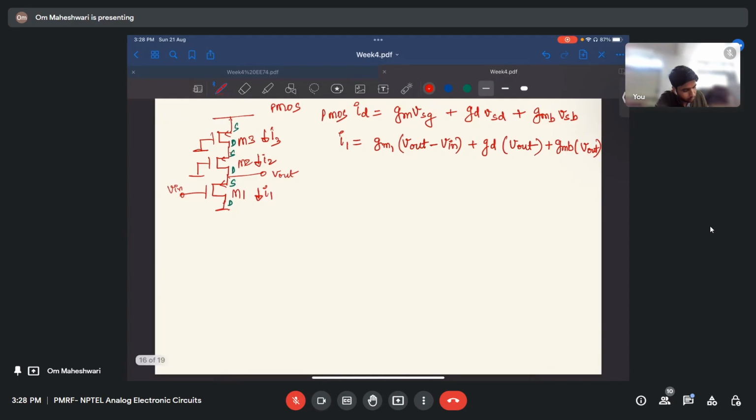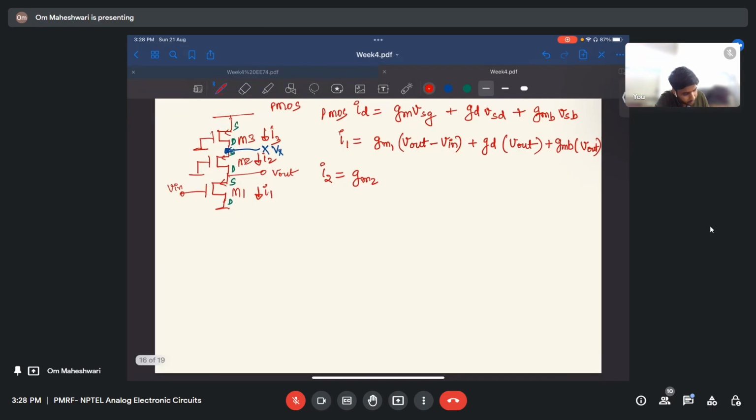So any doubt in this equation? No, sir. Okay. So now I'll write for I2 quickly. I2 will be gm2. Let us take the voltage here to be, let's say, Vx, at this point, because we will need this node voltage also. So I2 is gm2 times VSG.